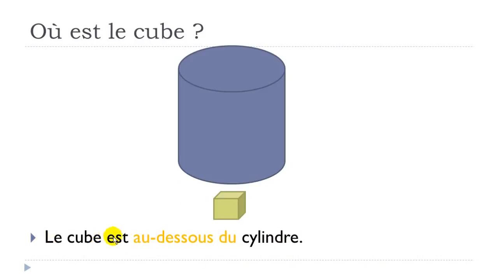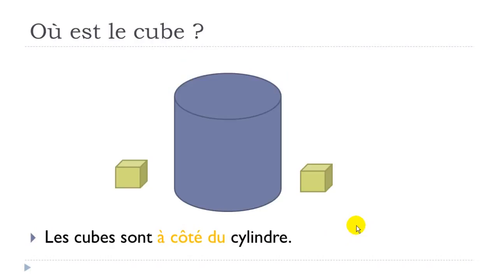Alright? Here, I've put the plural form because we've got two. Les cubes sont à côté du cylindre. So, next to. Les cubes sont à côté du cylindre.